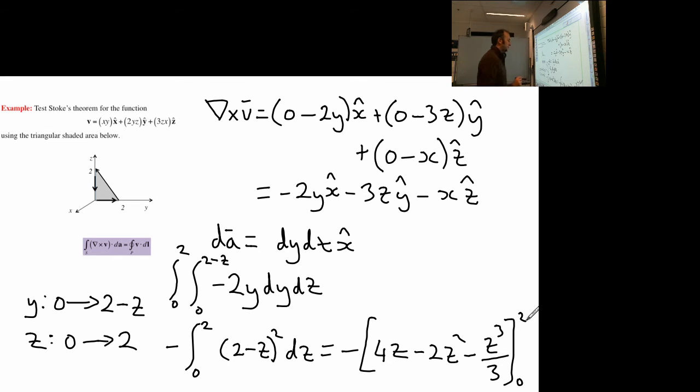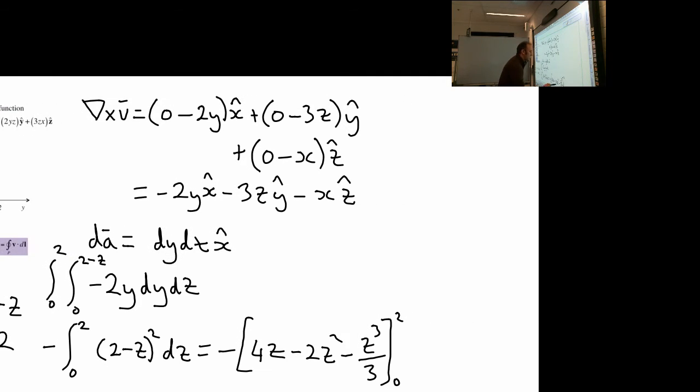And we see that if we substitute in for our z, we're going to have 8 minus 2 cubed over 3. So what we get here is minus 8 over 3. Okay, so that's our first answer.